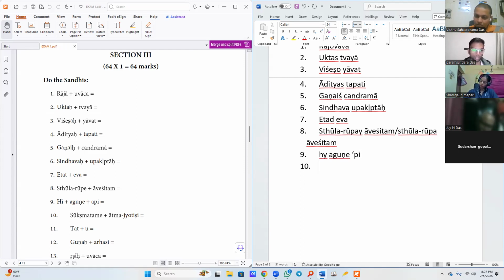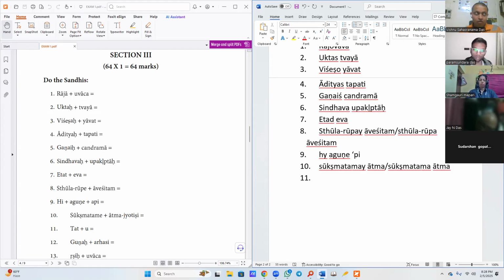10th, Sukshmatame Atma Jyotishi. So A becomes I. Sukshmatame Atma Jyotishi ityadi. And optionally, Sukshmatama and Atma Jyotishi. Two forms.